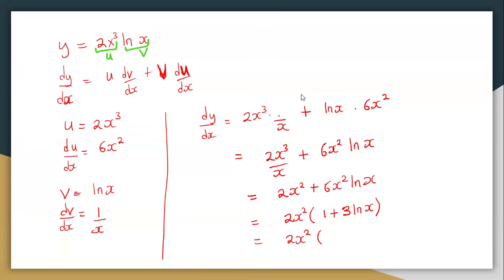Okay, let me first pick a hand. Yes, Ayopo? Yes, so from that part of 2x cubed over x plus 6x squared ln x, would I be wrong if I wrote that 2x cubed times 1 over x as 2x cubed times ln x, as your answer?